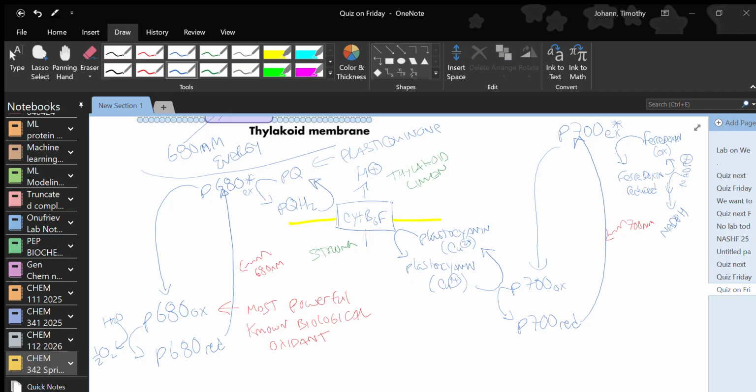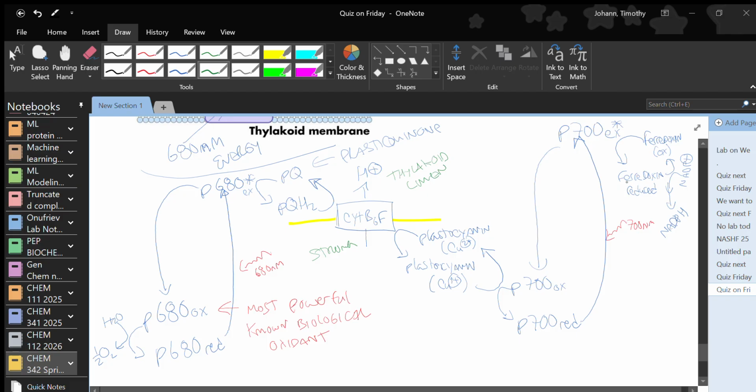Next lecture, I'll probably also emphasize this, but what this does is produce ATP and NADPH in exactly the ratios needed to make the three carbon intermediates in the dark reactions. You need a certain amount of NADPH and a certain amount of ATP. However, sometimes you want more ATP. When more ATP is desired, you can take these reduced electrons from the ferredoxin, and they can come back and run through this complex again.